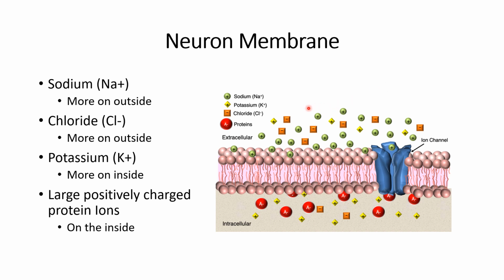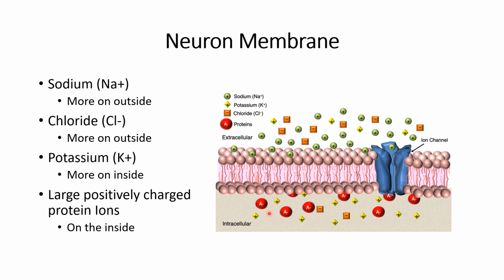We also notice that we have a lot of these negatively charged chloride ions out here in the extracellular fluid as well. However, there's not as much of this chloride as there is of the positively charged sodium. We also notice that we have a few of these little yellow ones. These yellow ones are potassium, so we do have some positively charged potassium ions also out there.